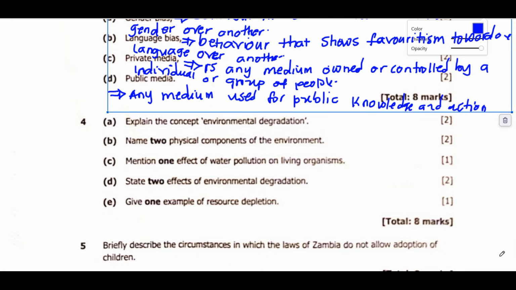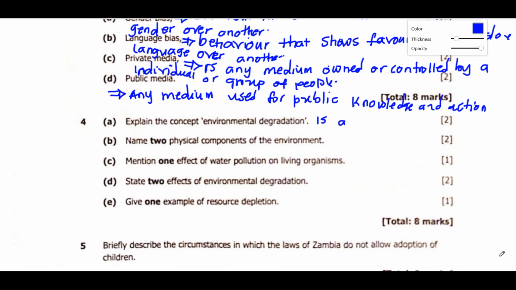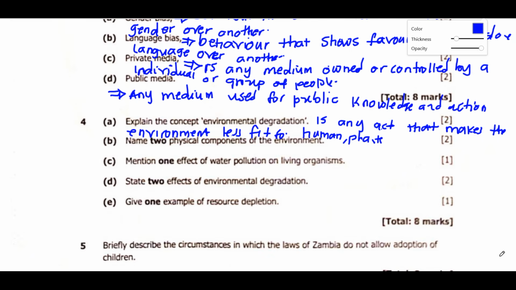Question 4a, explain the concept of environmental degradation. We are looking at where the environment degrades, loses its value. So we'll say it is any act that makes the environment less fit for humans, plants, and animals.